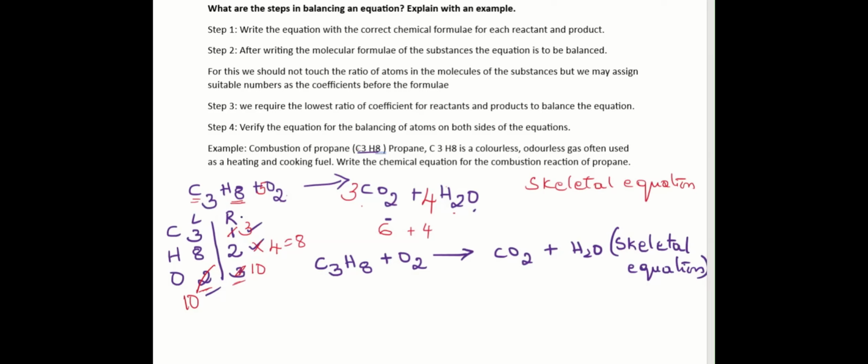After this, we have already balanced the equation. So let us write down the balanced equation. What is the balanced equation that we have to write? The balanced equation is C3H8 plus, we have made a change to oxygen, so it is 5O2 gives 3CO2 plus 4H2O.